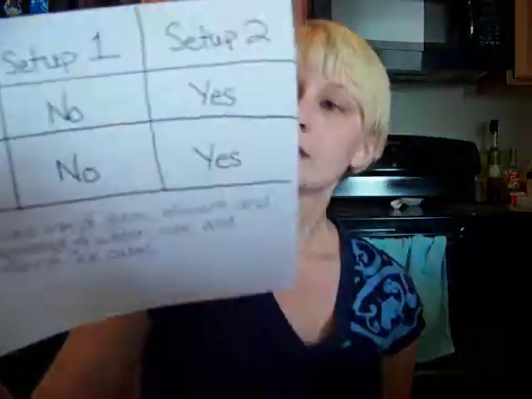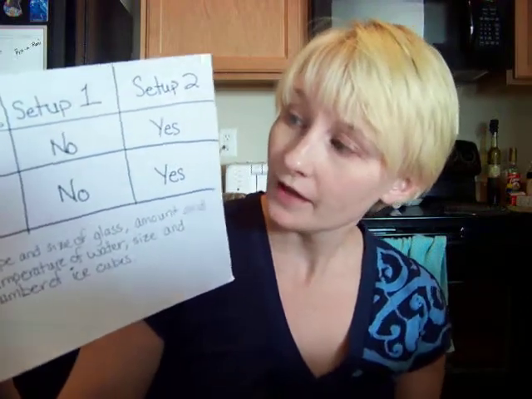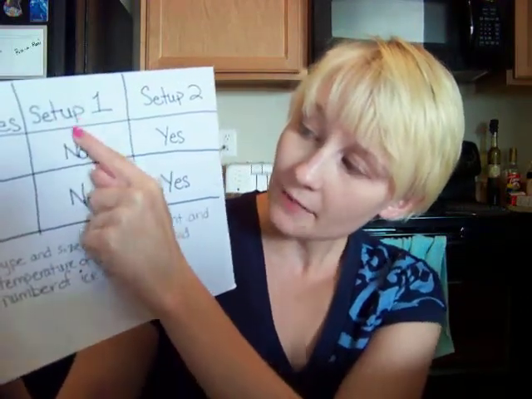For your experiment, you will need to chart your data. You may either use a table, pictures, or both. I have examples of each. This is a table that I made for the experiment that I just did. I have the variables salt, CO2. I have setup 1.